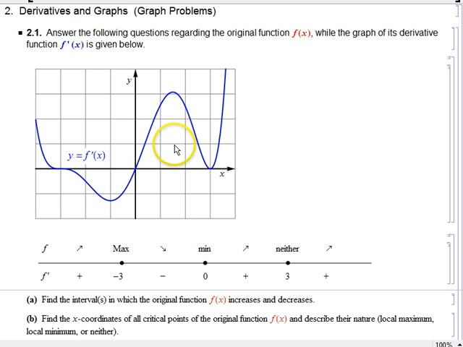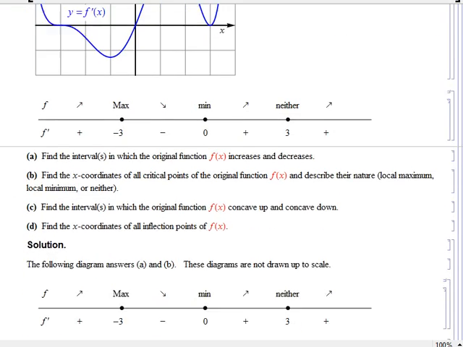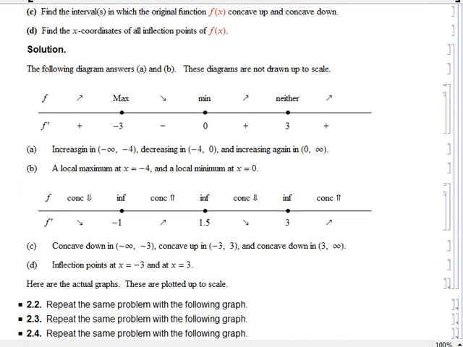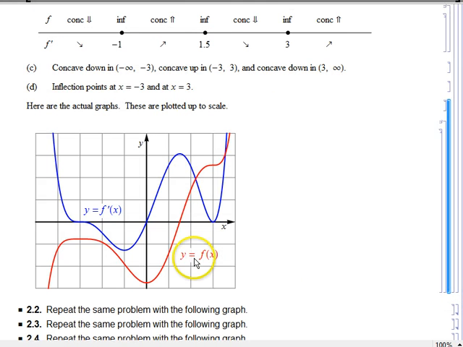Now, between 0 and 3, the derivative function is positive, as you can see. So the original function is increasing. Finally, when x is greater than 3, the derivative is still positive after hitting 0. So the original function must keep on increasing. I think I have the picture here. Yes, the red is the original function.